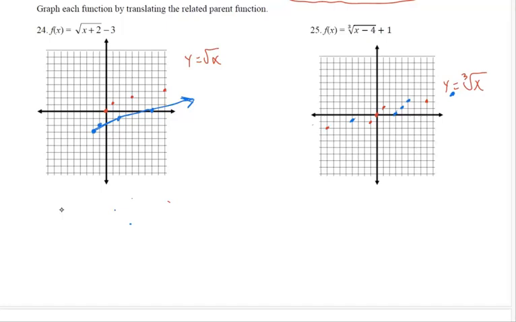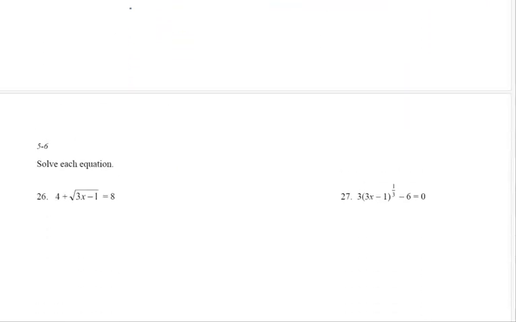And now we connect the blue. Hard to do with this board. You get it, and with your pencil, you shouldn't have any trouble. All right, so those are the answers for 24 and 25, and then we got 2 more.